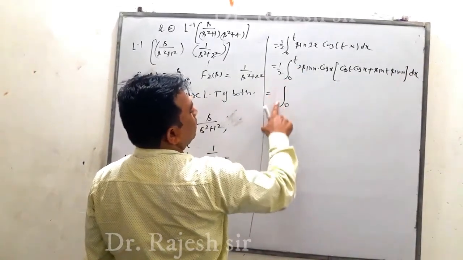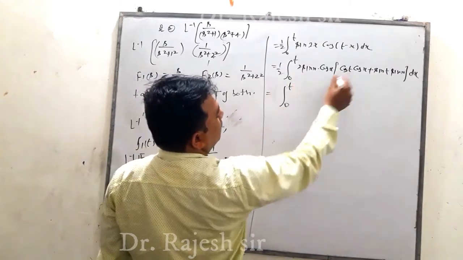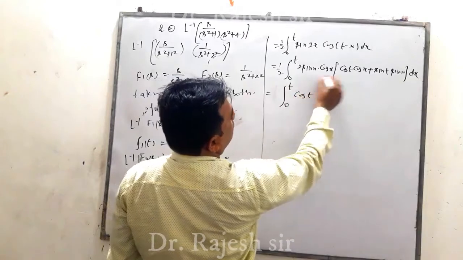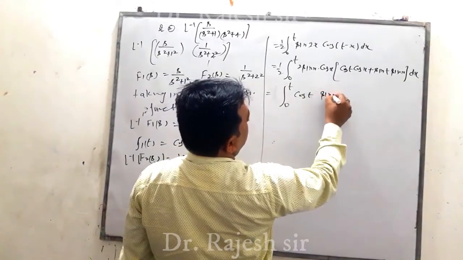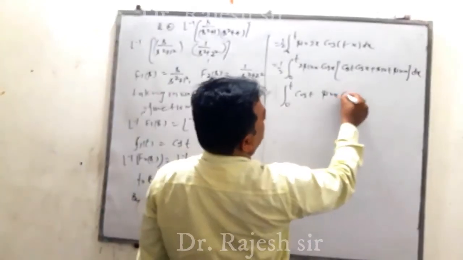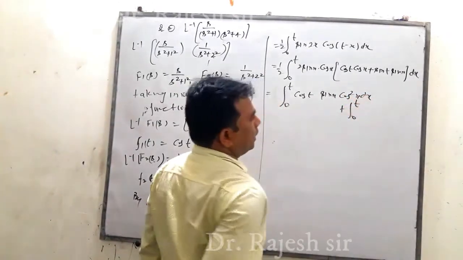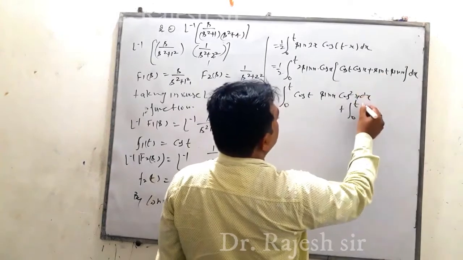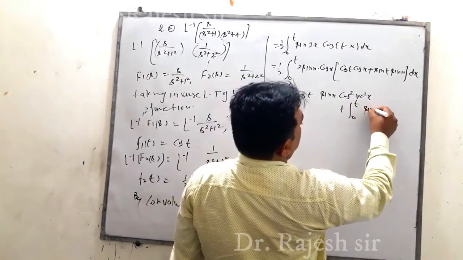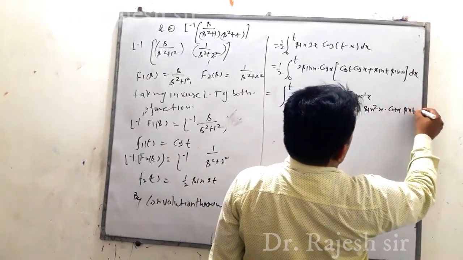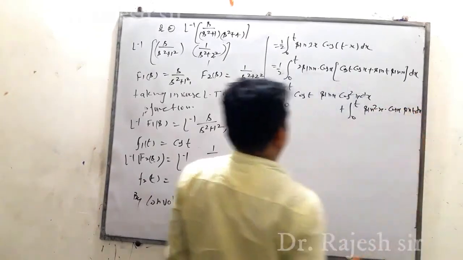2 cancel. Multiply this function in bracket, then cos t and sin x cos square x dx, plus integral 0 to t, again multiply this, sin square x into cos x and sin t dx.